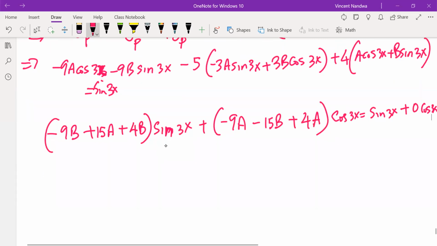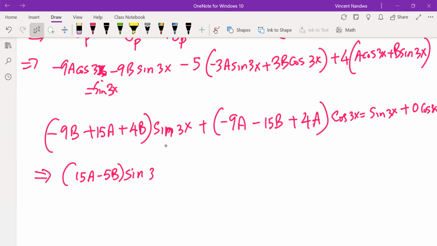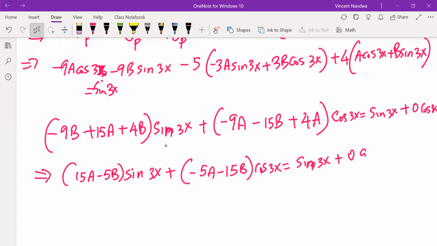So, minus 9b plus 4b is minus 5b, and then minus 5a minus 15b times cos of 3x should give me sine 3x plus 0 cos 3x.